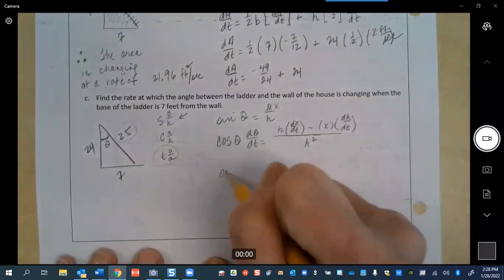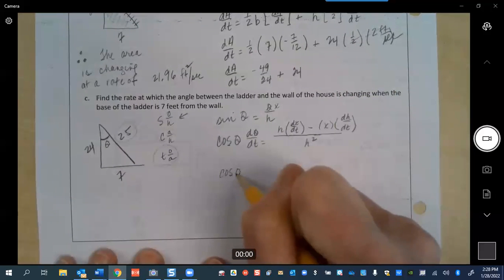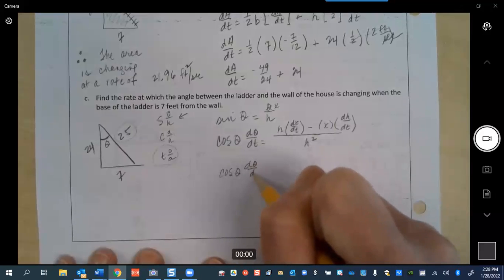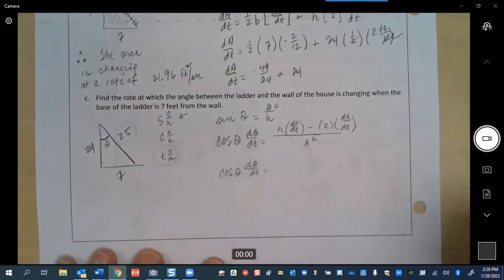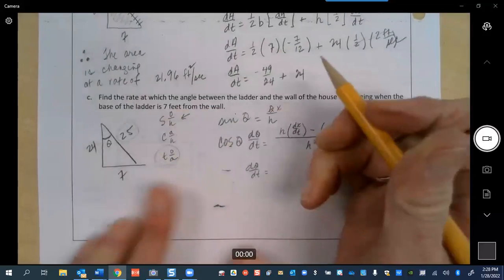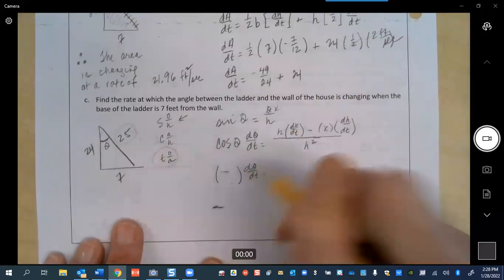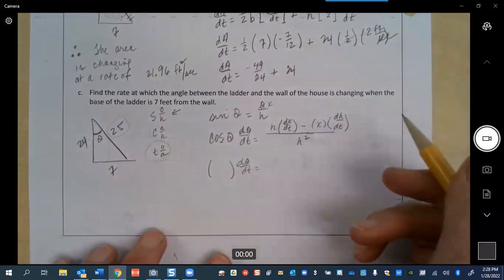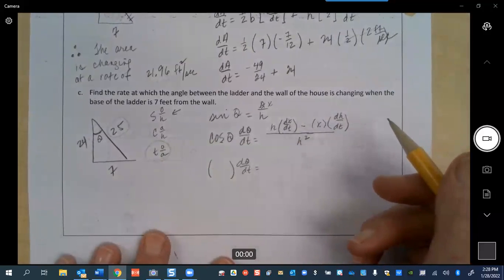If I'm looking for the cosine of theta, the rate of change, let's fill in what I know. Here's the cosine of theta. I can go find that, right?